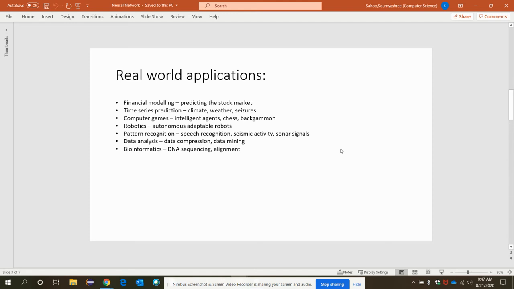Then in robotics, for pattern recognition and analysis, let's say speech recognition, which you have seen in our previous videos as well. Then next comes data analysis, in data comprehension, data mining or data science. It is also used in DNA sequencing, such as in bioinformatics. These are some of the real world applications of it.